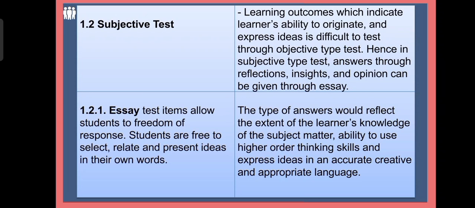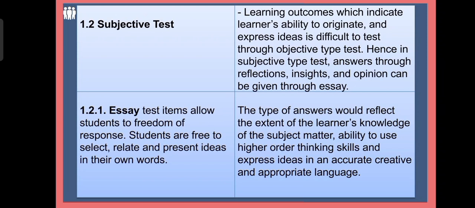So in other words, the subjective test measures a person's ability to come up with their own ideas and to express them.